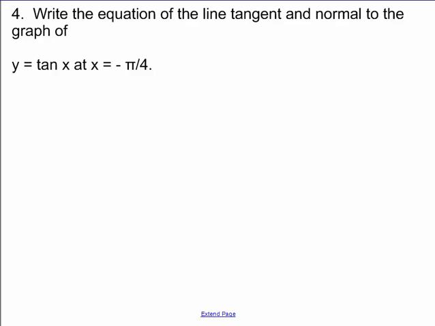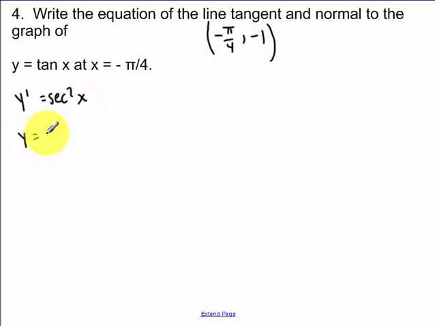Okay, writing the equation of a tangent line and normal line of y equals tangent x at negative pi over 4. So remember, we need a point. Negative pi over 4. The y coordinate when I plug in negative pi over 4, I get a negative 1 out. Okay, now to get your slope, you take the derivative. Derivative of tangent is secant squared.